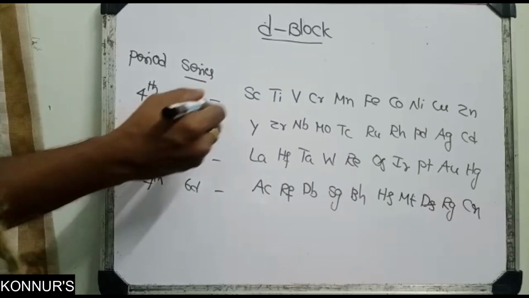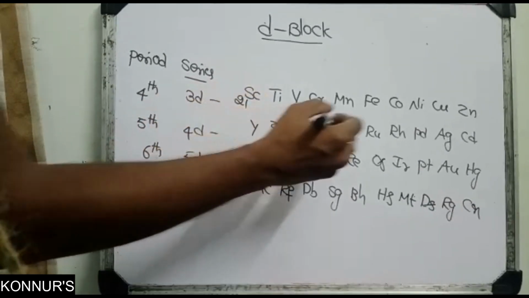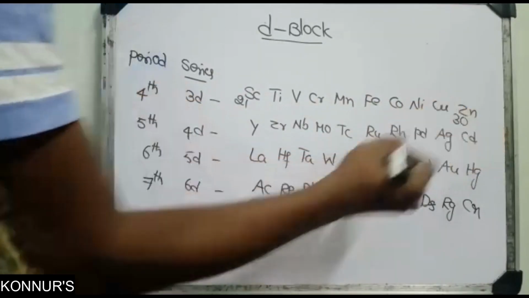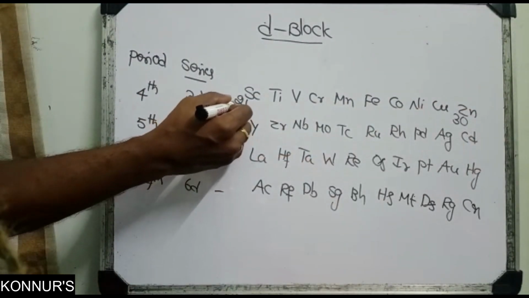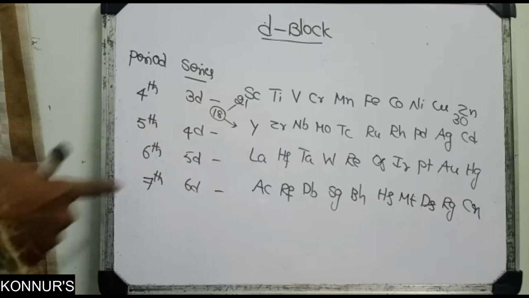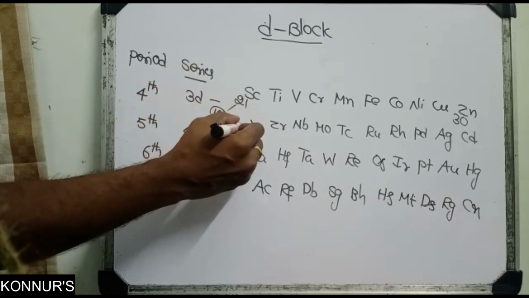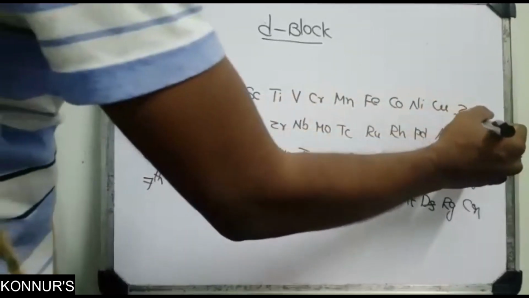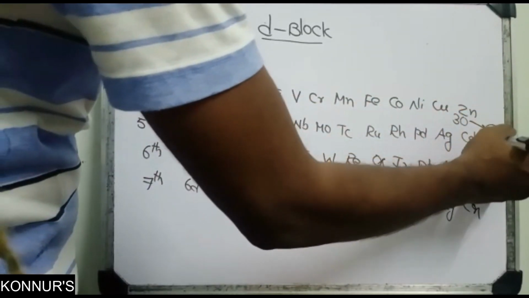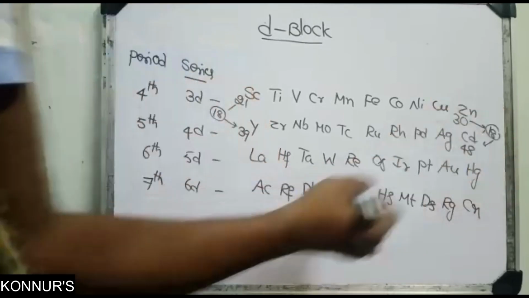Next, atomic numbers. This is 21 to 30. Next, it is added with 18, so 39. This is also added with 18, so your answer is 48.